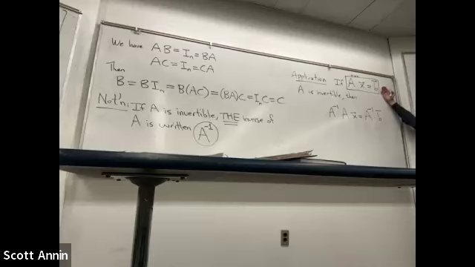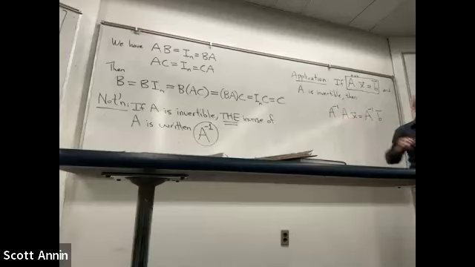I'm assuming I have an inverse for A and I know how to find it, which of course I still have to explain later. But assuming I can do that, I can put that A inverse on the left of both sides.